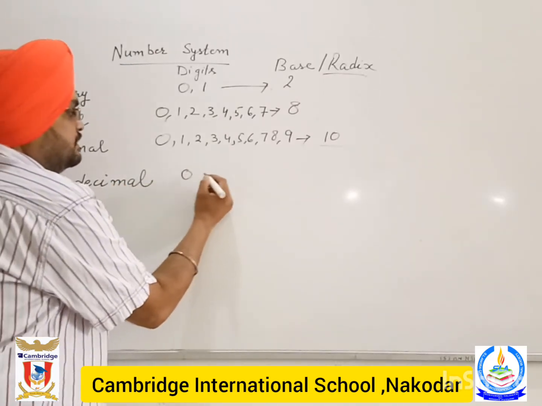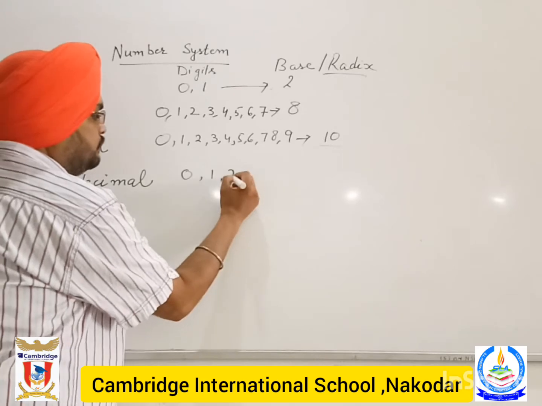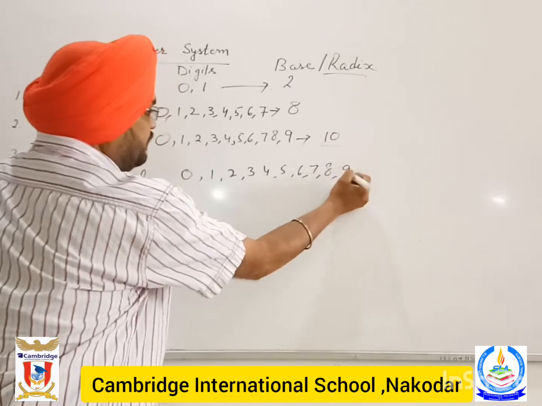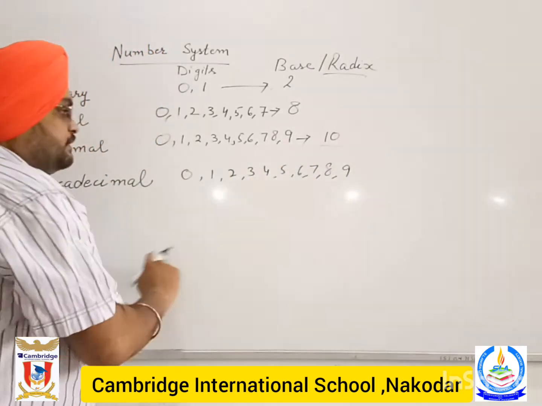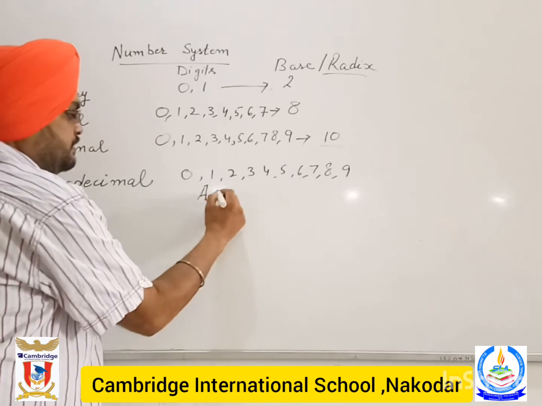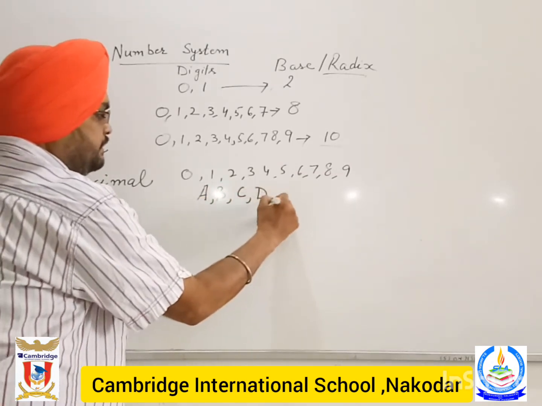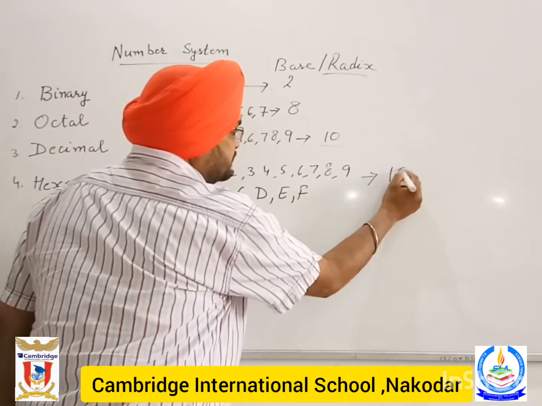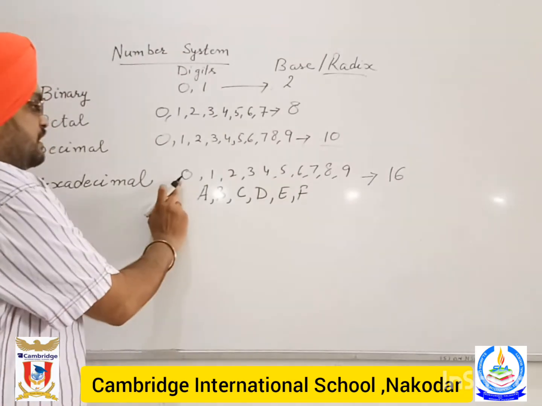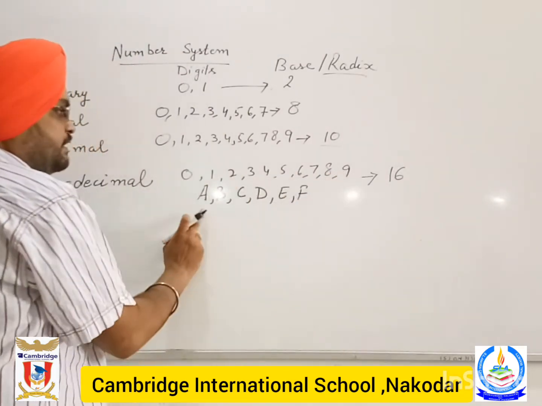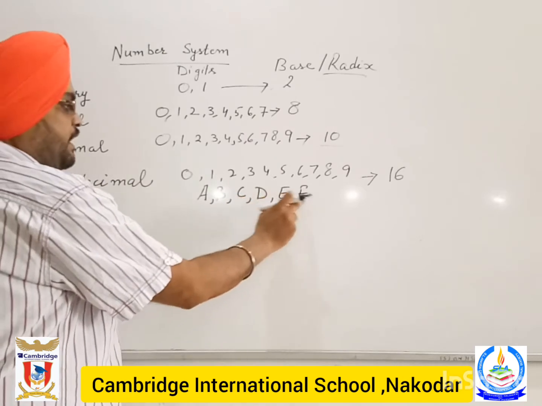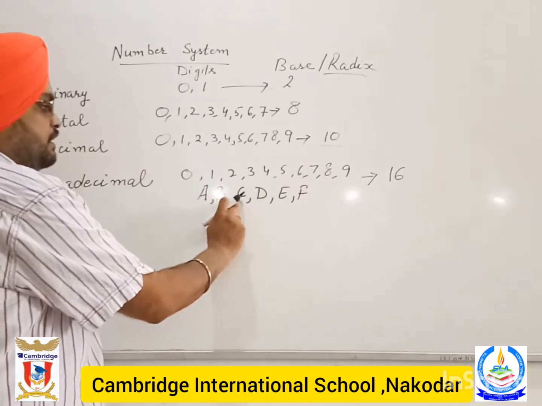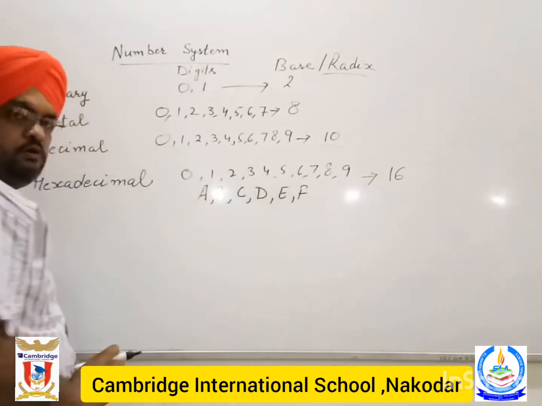Hexadecimal has 0, 1, 2, 3, 4, 5, 6, 7, 8, 9, and further it has A, B, C, D, E and F. Its base is 16 and its digits are 0 to 9 and A to F. So A is for 10, B for 11, C for 12, 13, 14, 15, and so on.